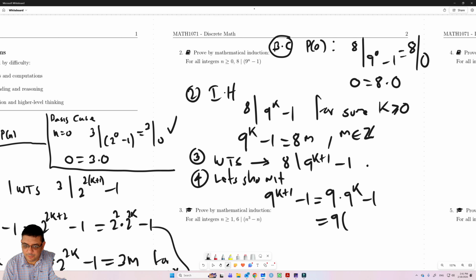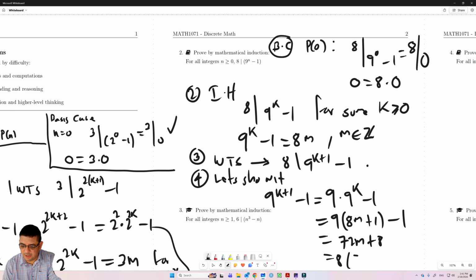So from here, I can see this as 9 times (8m plus 1) minus 1. Now this is 9 times 8 is 72m plus 9 minus 1, which is 8. And so as you can see, this is divisible by 8. This is just 8 times (9m plus 1).